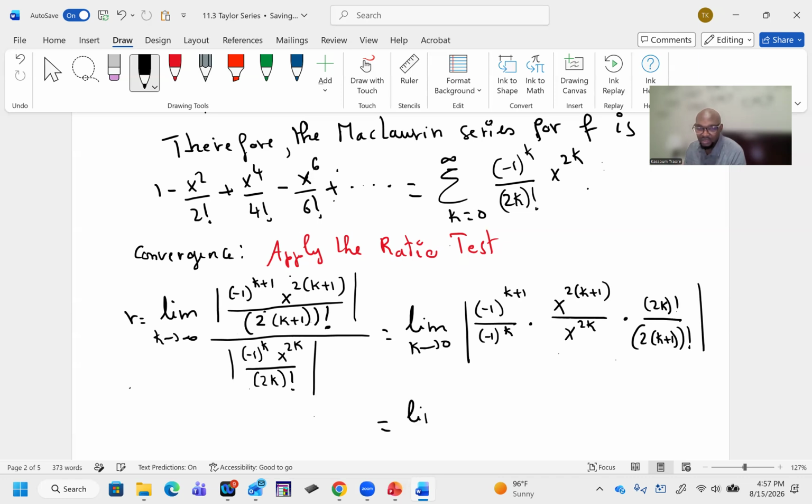The limit will have x squared. And take a scratch paper, you can see if I simplify this one, what will be left is 2k plus 2 times 2k plus 1 as k approaches infinity. And this limit is what? 0.